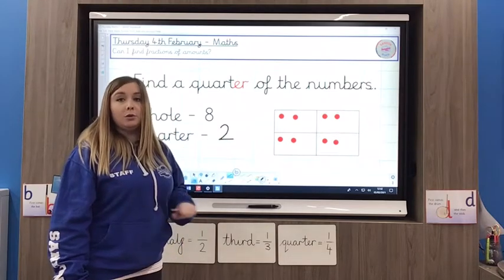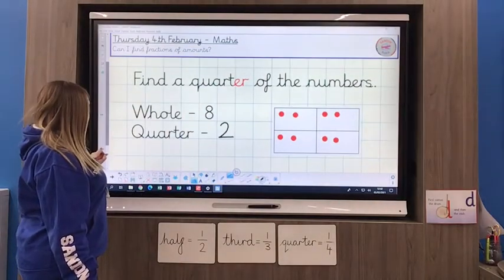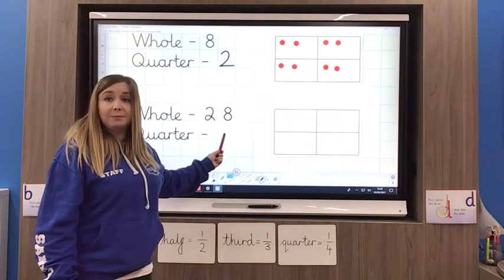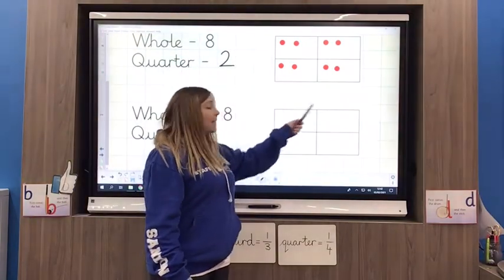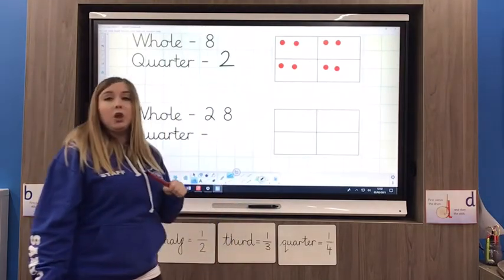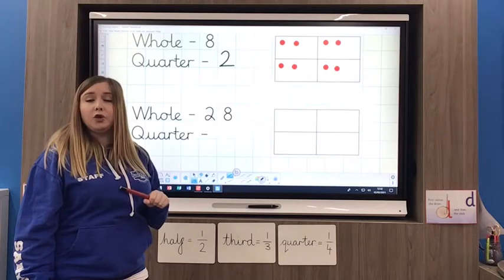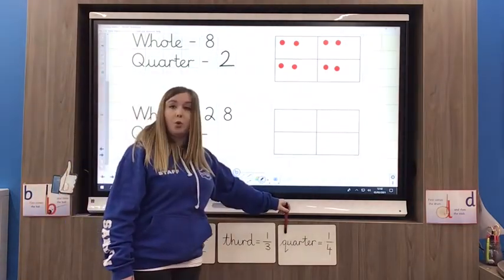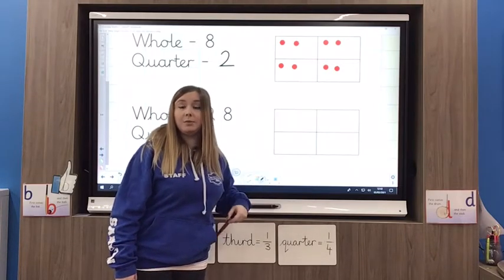So there we shared it using our visual representation. But what happens when our number gets bigger? It will take ages to share 28 dots. So can anybody think of a times table that we could use to help us to find a quarter? We can use our 4 times tables, can't we?